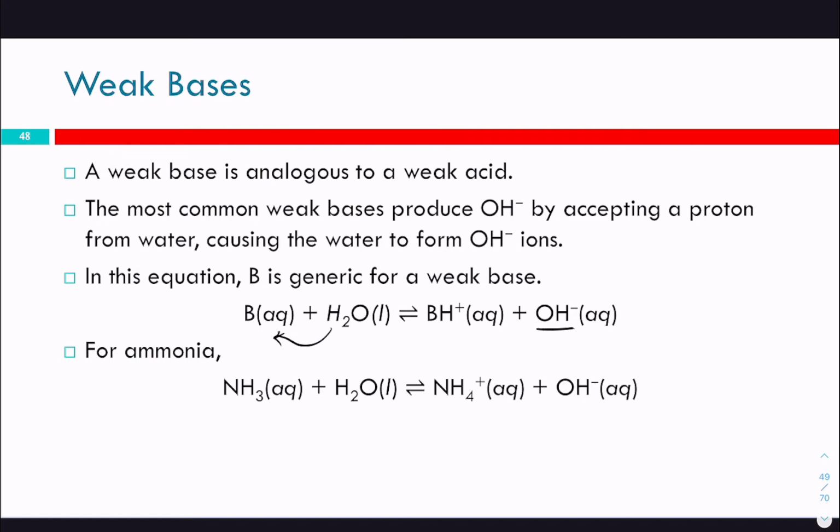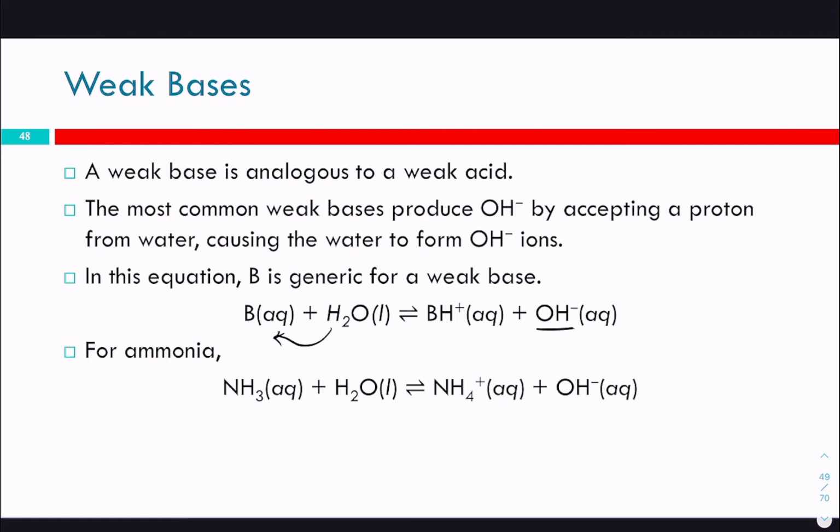For a lot of these weak bases, it's in terms of a Bronsted-Lowry definition of a base, so it's a proton acceptor. You do end up with hydroxide in the solution, but that hydroxide comes from the water that's already there losing a proton.